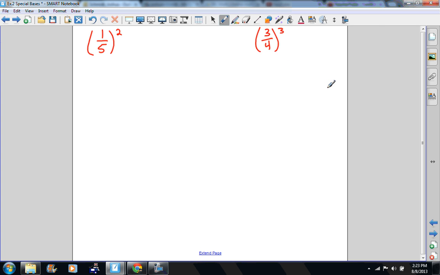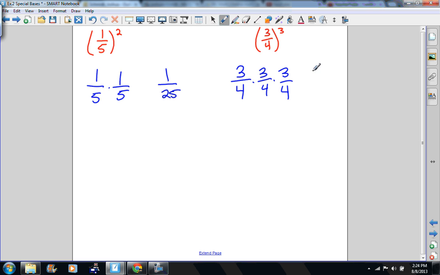Try these 2 on your own. 1/5 times 1/5 is 1/25. 3/4 cubed is 3/4 times 3/4 times 3/4. So that's 27 over 64, which cannot be simplified.